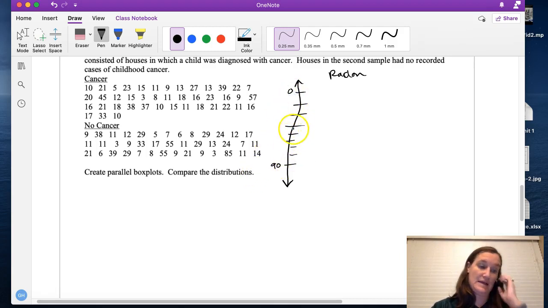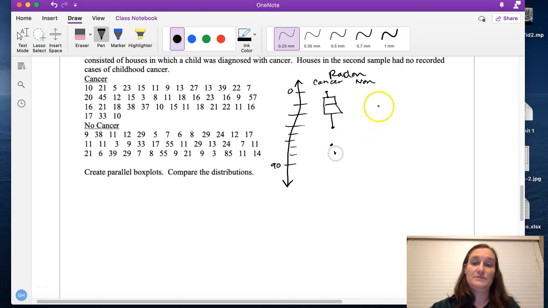I went 0 to 90, and then you would label one cancer and one non, and you would draw in your little box plot. So we'd have this sort of thing. This is not going to be anywhere close to accurate, but you'd have this and then some dots, and then you'd have this, and then some dots.